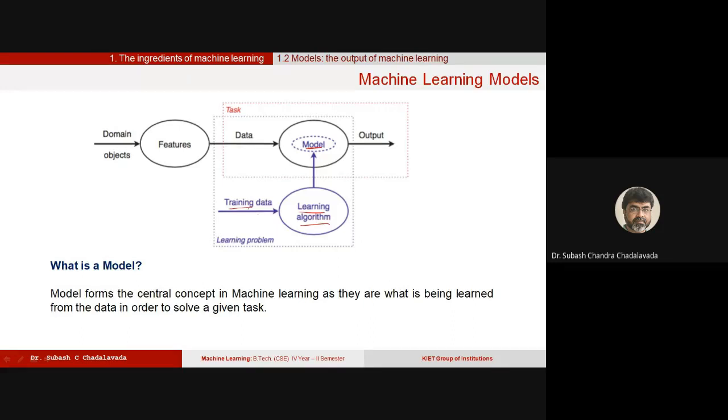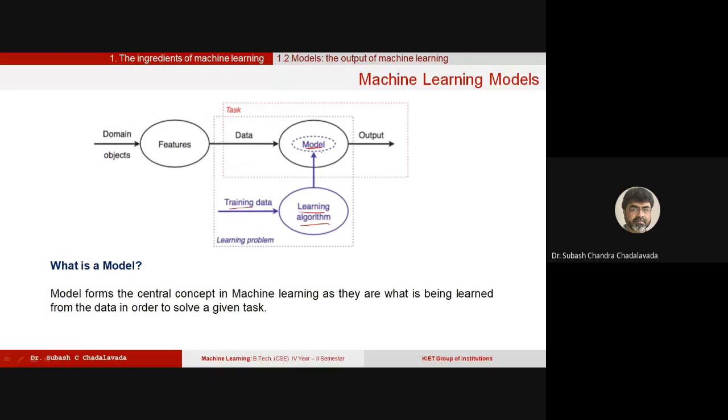You give training data to your algorithm, and the output you get is a model, which will be used to derive the output from the existing data or from new data. This model is one of the central concepts of the process of machine learning.